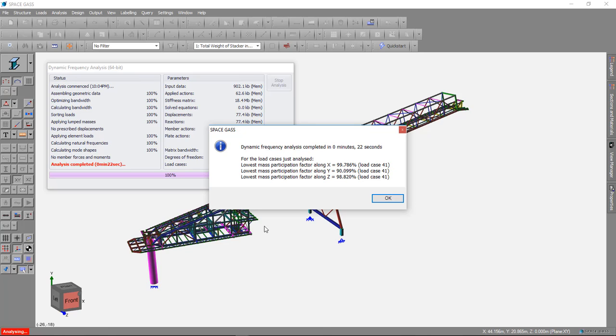We're interested in the deflections in the Z direction because that's the slew direction. So in that Z direction we've got 98.8% mass participation, so that's plenty.